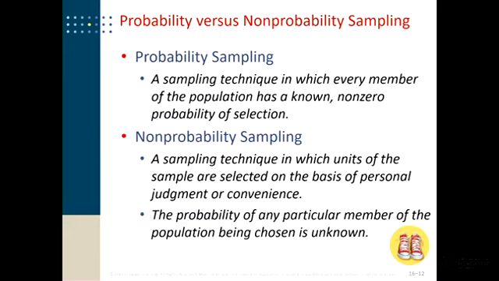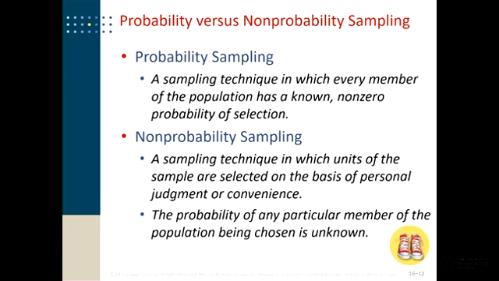Now, broadly, our sampling techniques can be divided into two categories: probability sampling technique and non-probability sampling technique. I will be simple in explaining these two. In probability sampling technique, try to understand carefully, we actually try to be random.